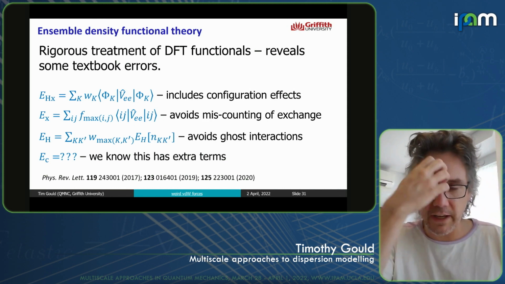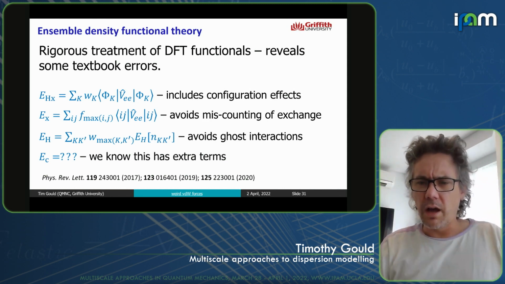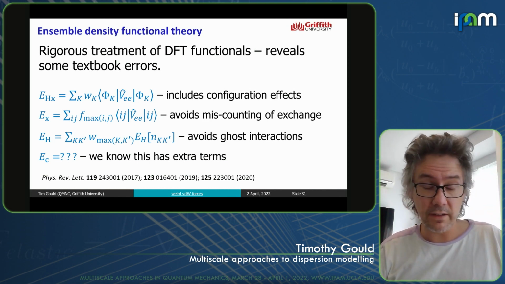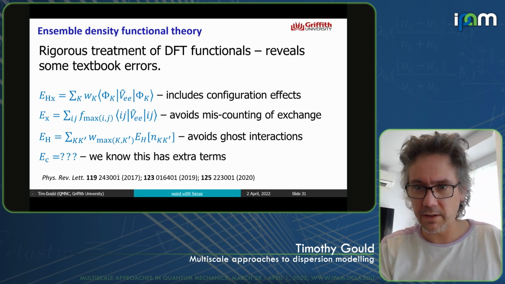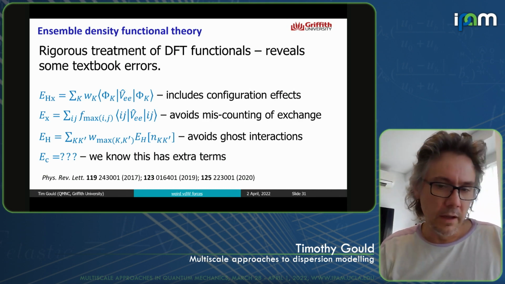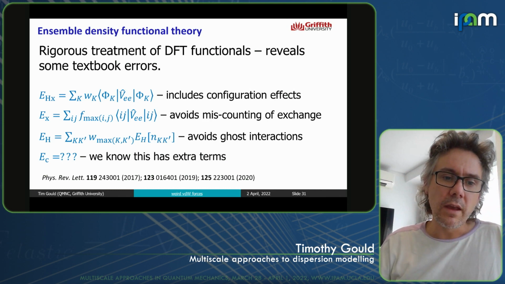The key one is that when people talk about density functional theory, they say the Kohn-Sham state is a single Slater determinant. Well, it's not always. We managed to show that in 2017 by using ensemble arguments, so you have configuration effects in there.